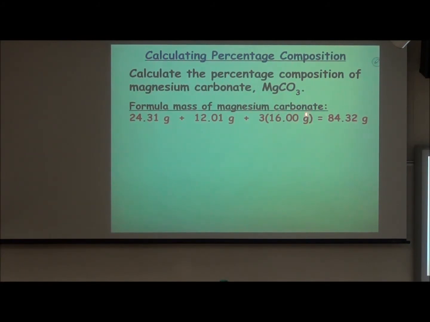And of course there's 3 oxygens, so we're going to take the atomic mass of oxygen and multiply it times 3 to give us 48. And when we add those all up, 84.32 grams is the total mass of magnesium carbonate.